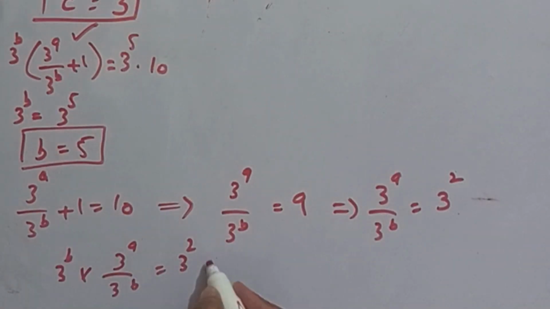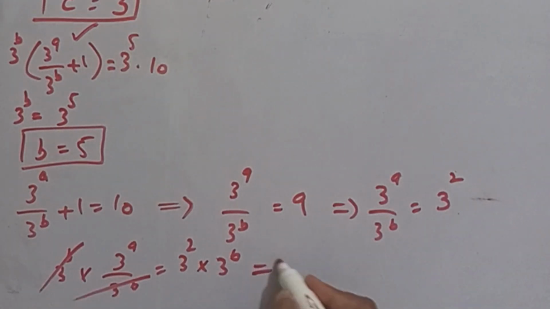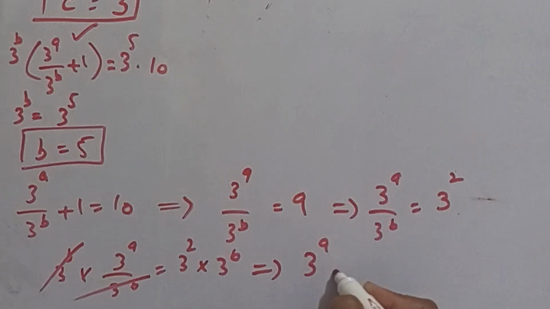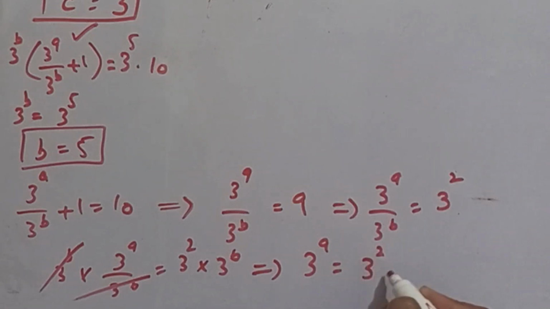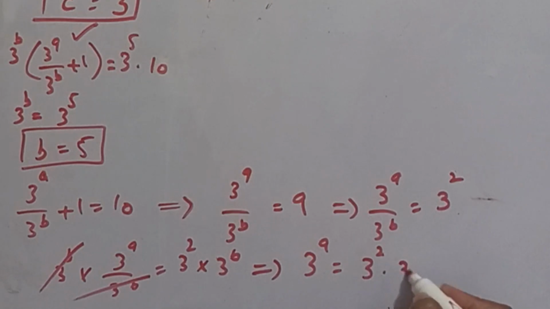Multiply this equation by 3 raised to the power b on both sides. So this will cancel. We just get 3 raised to the power a is equal to 3 raised to the power 2 multiplied by 3 raised to the power b. b is 5, so here we write 5.